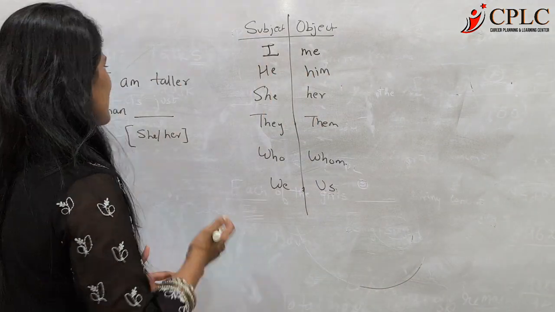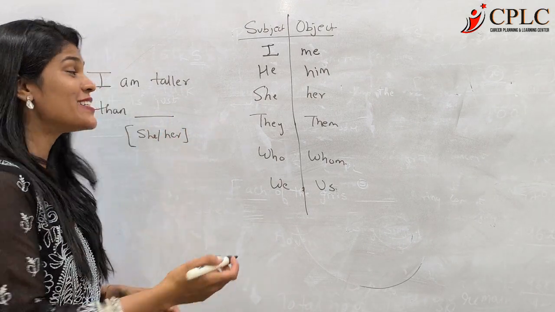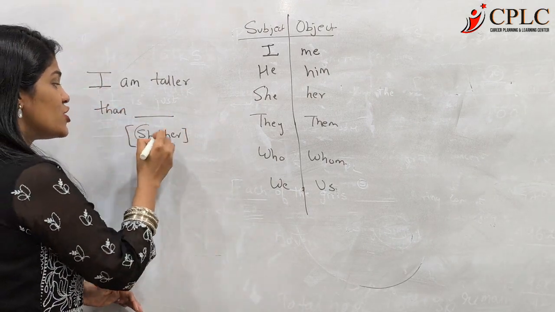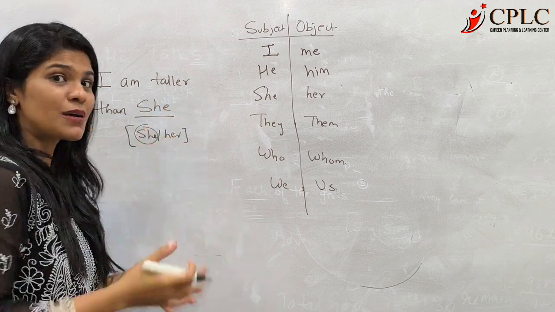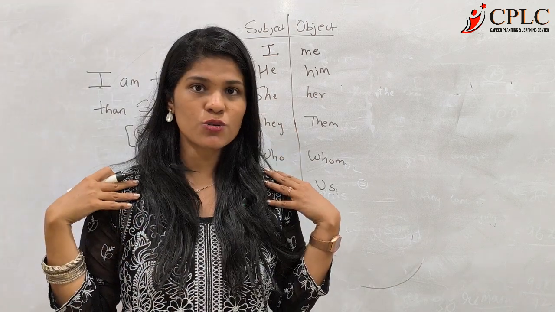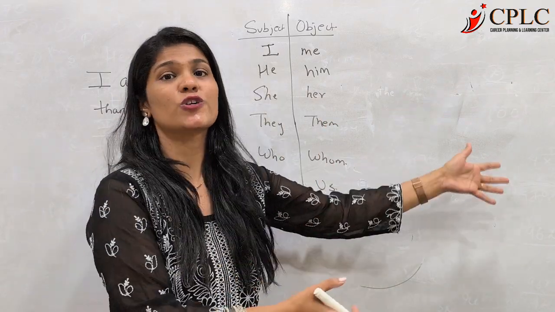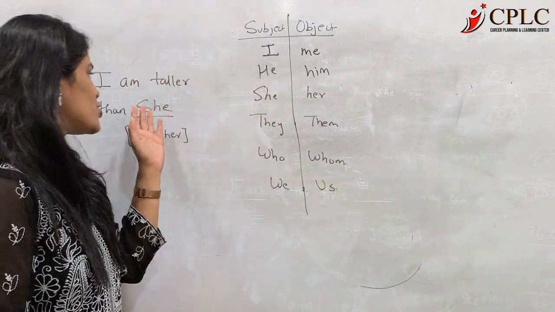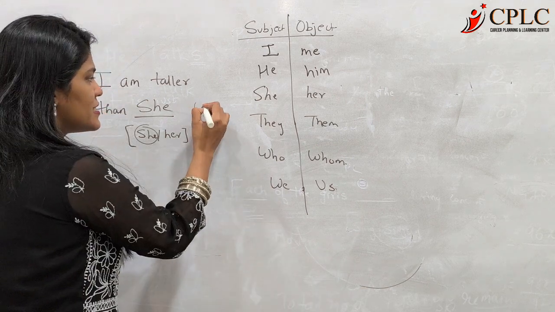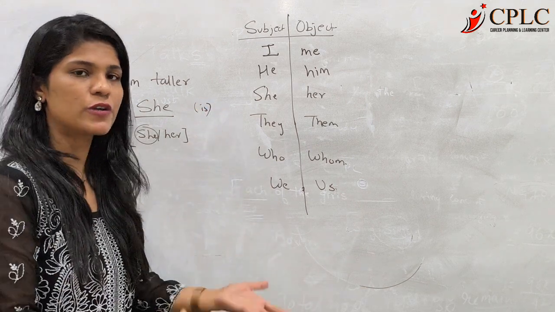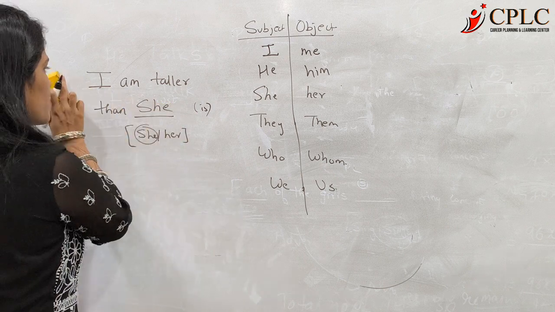Yes. I know we speak that I am taller than her, but I am taller than she because it's a subject. मैं टॉल हूँ वो भी टॉल है, अगर मैं टॉल हूँ इज एन एक्टिव वॉइस तो वो टॉल है ये भी तो एक्टिव वॉइस है, सो शी इज टॉल, सो शी इज लाइक साइलेंट हियर बट वी डोंट राइट इट. Let's do one more example.